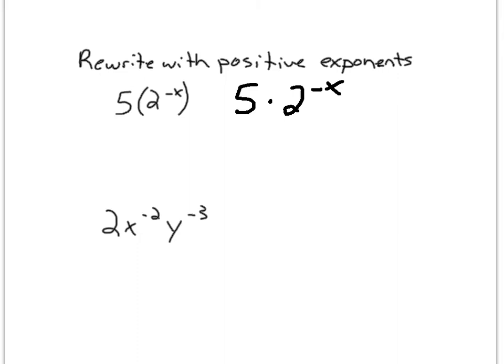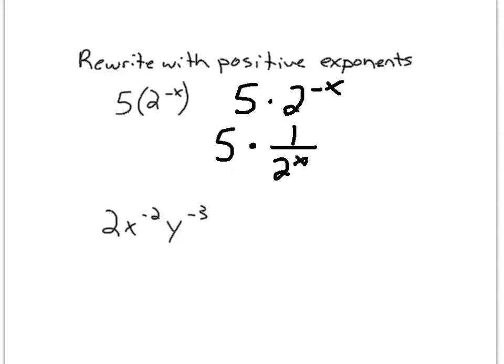Remember, when we have a negative exponent and we want to make it a positive exponent, we change anything with a negative exponent to its reciprocal. Well, the 5 doesn't have a negative exponent, so that stays. Times, we're going to change 2 to the negative x to the reciprocal, which is 1 over 2, and then the x becomes positive. So it's 2 to the positive x.